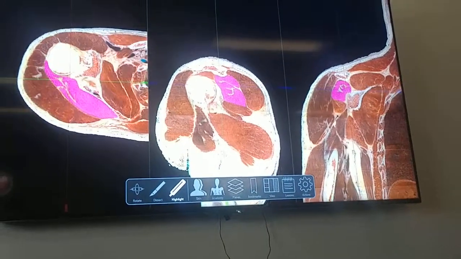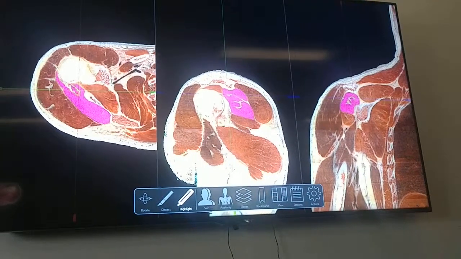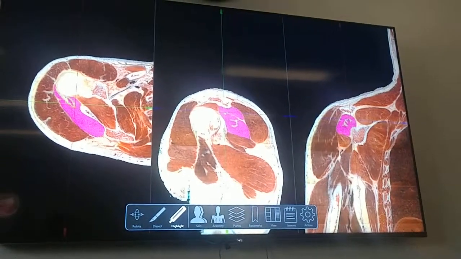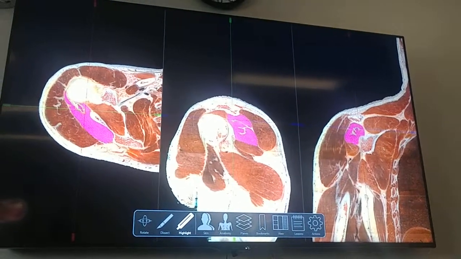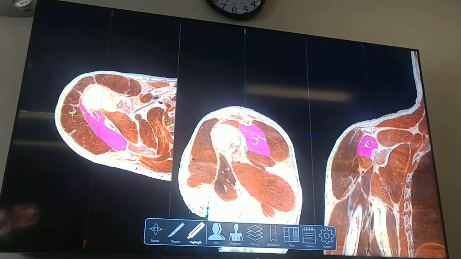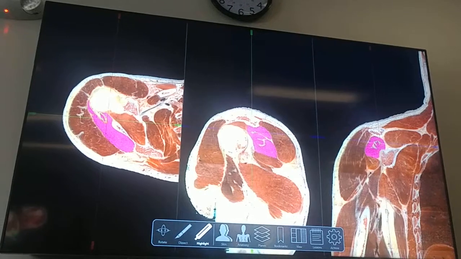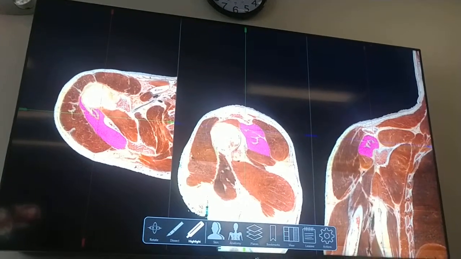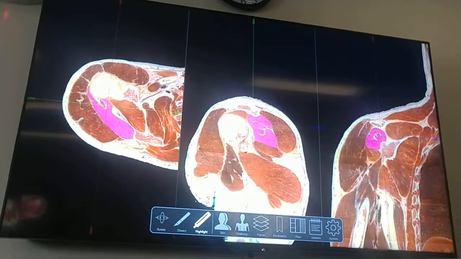Let's see here. All right, now what are we dealing with? This one, yes. A little harder to see in the coronal on this one because you see several muscles. That one's a little harder, right?